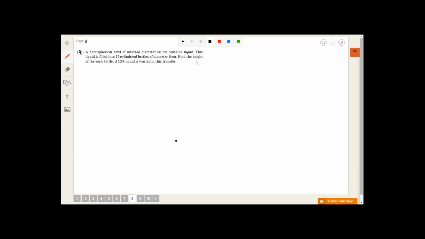18th question. A hemispherical bowl of internal diameter 36 cm contains liquid. This liquid is filled into 72 cylindrical bottles of diameter 6 cm. Find the height of each bottle if 10% of the liquid is wasted in this transfer. Now it says hemispherical bowl.